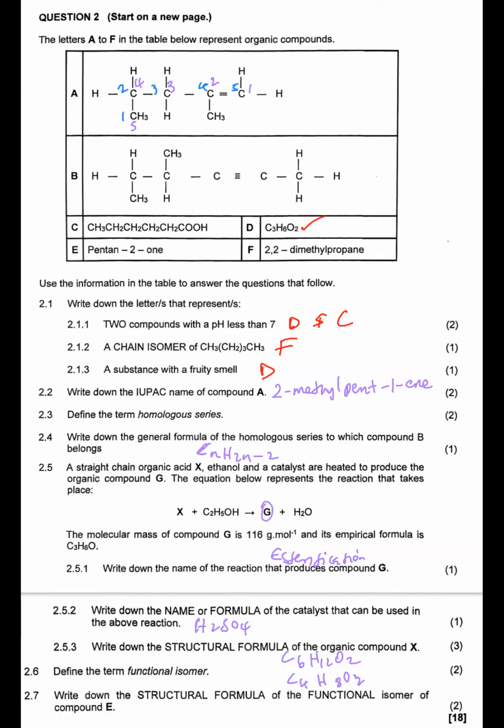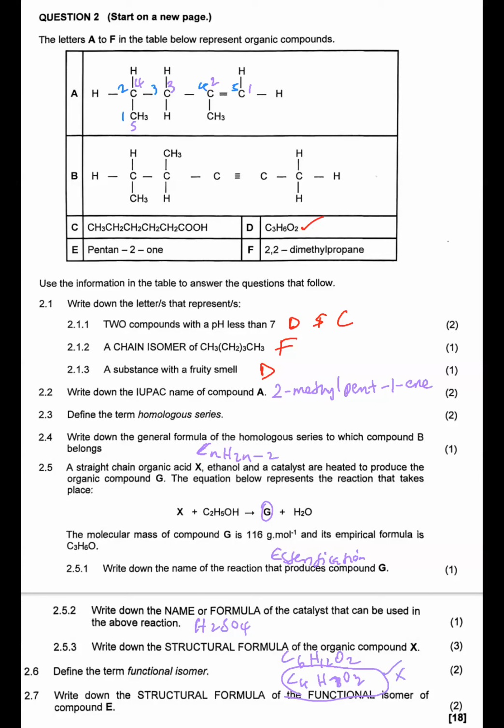Not 8, it's 7. H7. O2. So we can draw this molecule. It's an ester. It's going to be what? Butanoic acid, right? You can draw this molecule.